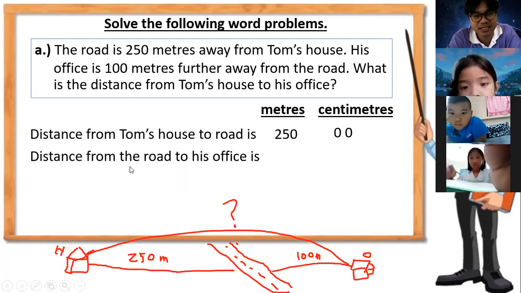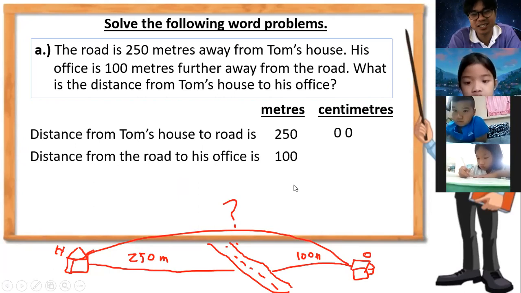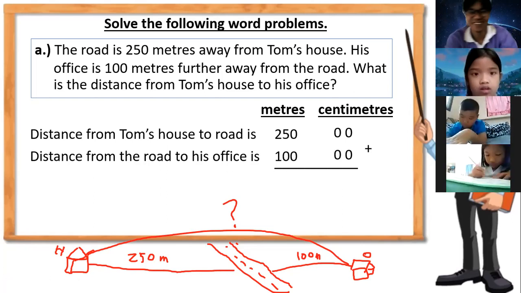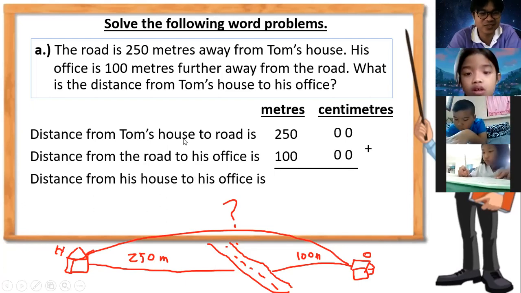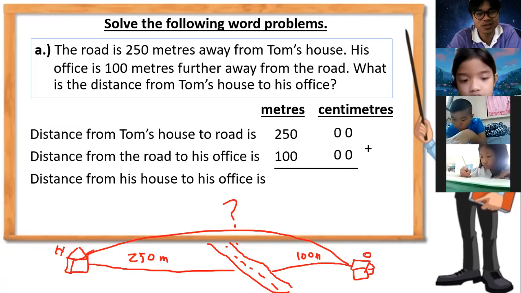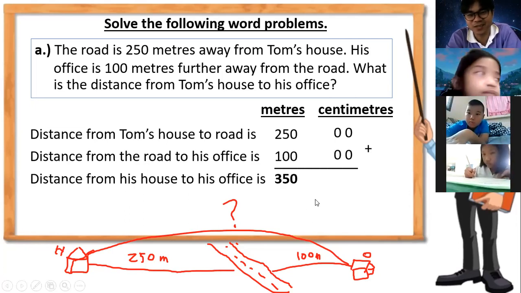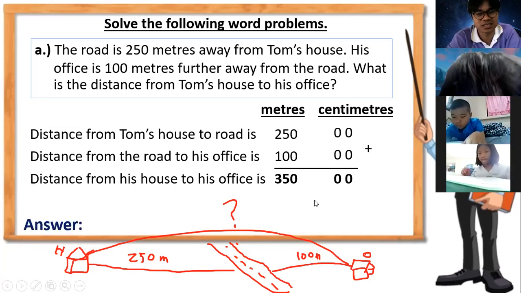Okay, next. Road to his office, 100 meters. Very easy, right? Then plus. Easy as that. And then go to the question, distance. The distance from his house to his office is, you add, 350 meters.